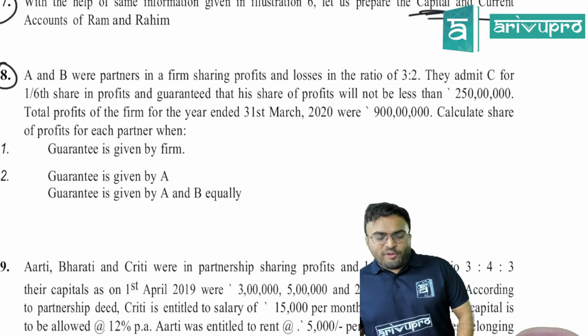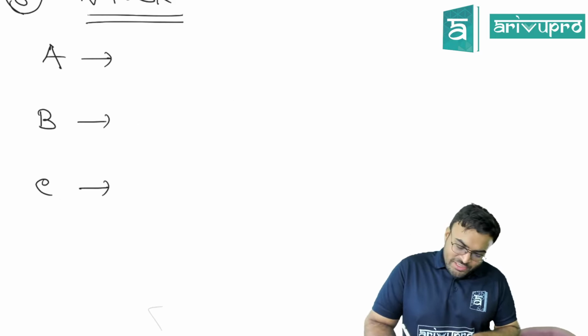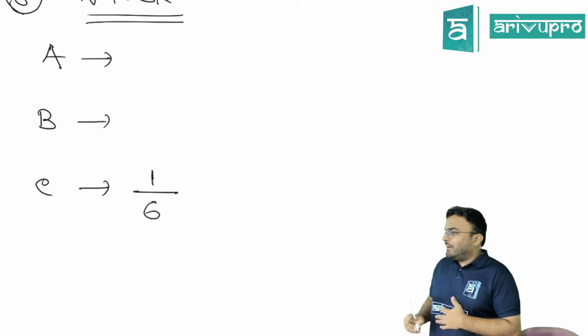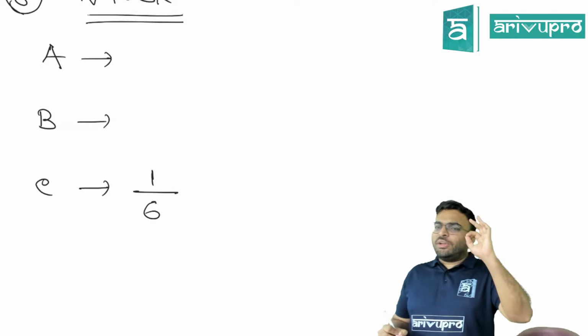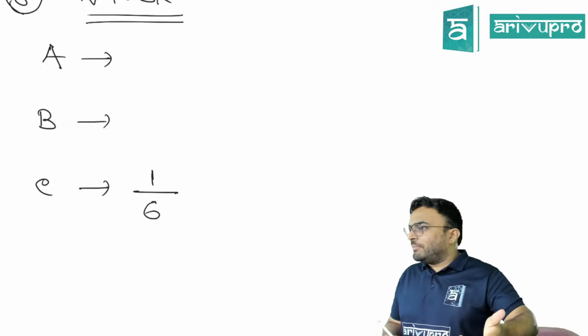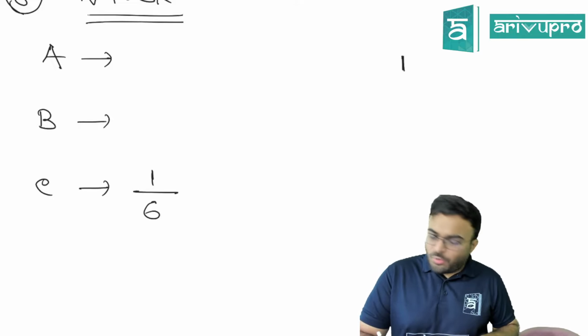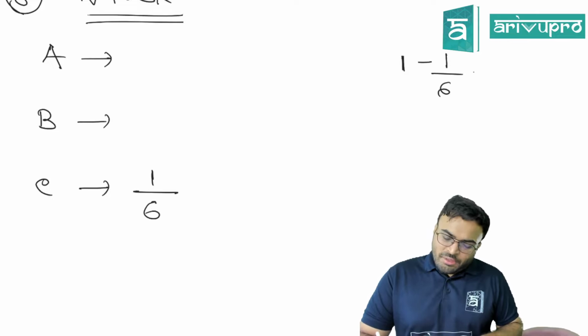C is admitted for 1/6 share in the profits. So do you agree that C is going to get 1/6? Whatever we earn, C will get 1/6. Correct? If C is going to get 1/6, how much is remaining? 5/6. If total profit is taken as 1 minus 1/6, basically it is 5/6.